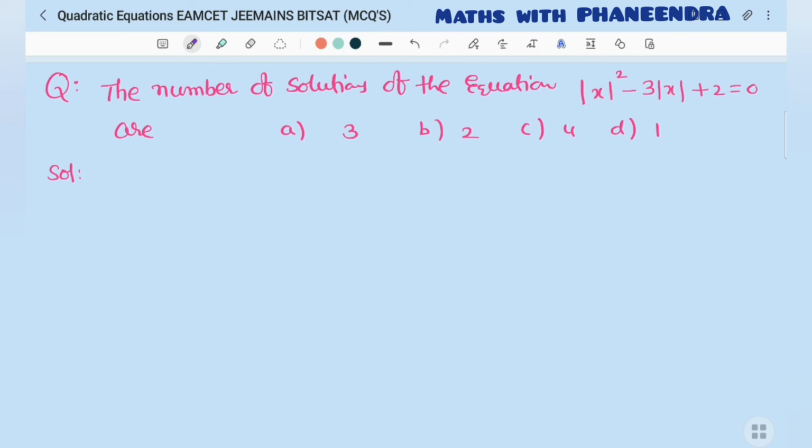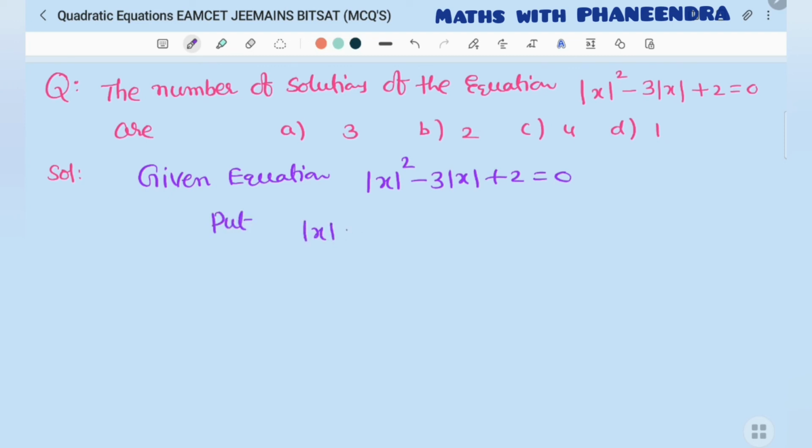The number of solutions of the equation mod x square minus 3 into mod x plus 2 equal to 0 is. So, number of solutions means. First, the given equation: mod x square minus 3 into mod x plus 2 equal to 0.